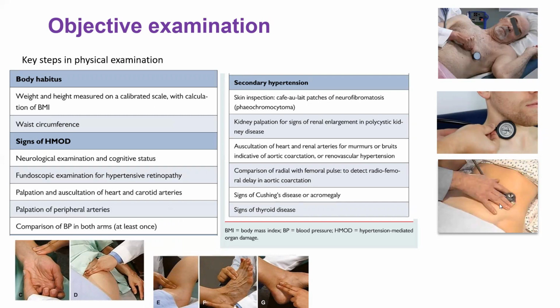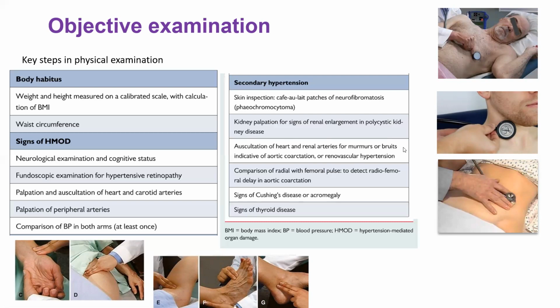For example, in this photo, the doctor is performing auscultation above arteria renalis. What is the reason for this auscultation of vessels? At objective examination, we try to rule out secondary hypertension in spite of its low incidence.